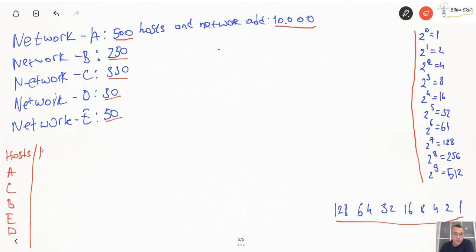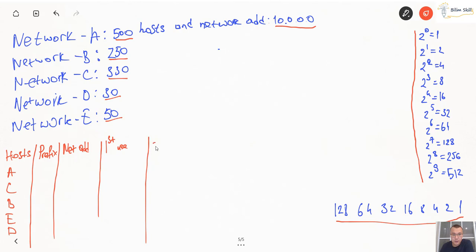After the prefix we have to find the network address, and after the network address the first useful address.